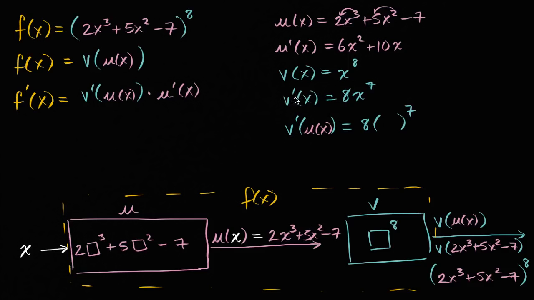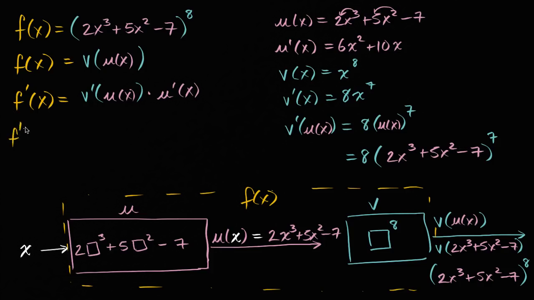Whatever you input into v prime, you're going to take it to the 7th power and multiply it by 8. So u of x, that is the same thing. This is equal to 8 times this entire expression. u of x is 2x to the third power plus 5x squared minus 7.